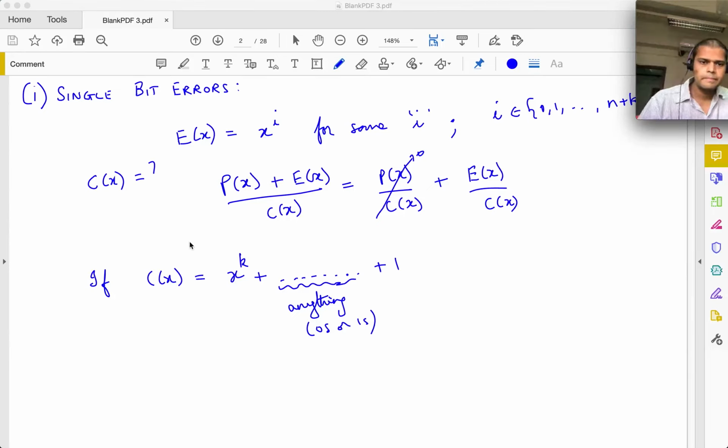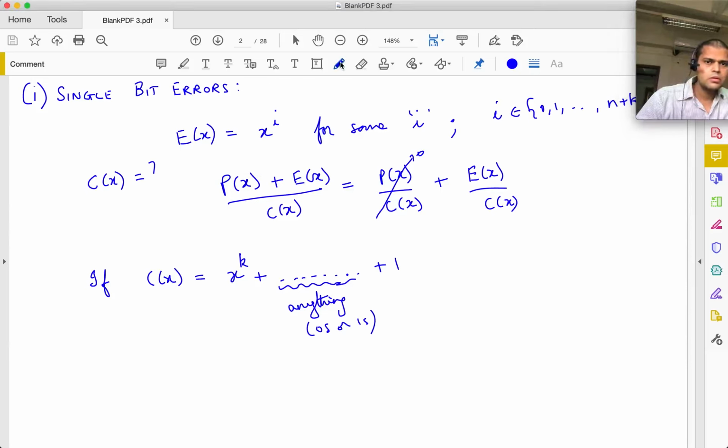Think about it. Is it possible for C of x to divide E of x when E of x looks like this? So essentially, what does it mean for C of x to divide another polynomial?